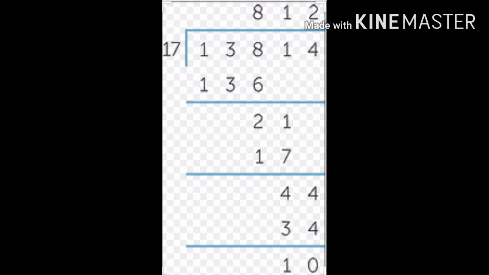Let's do a simple division. We have to divide 13,814 by 17. So from where do we start? We start from the left hand side. See what we have? We have 13, and what we have as a divisor? It is 17. Now of course we will select one more number. We will be dividing 138 by 17. Now, one trick I should tell you, that how you will decide which number we will be multiplying 17 with.